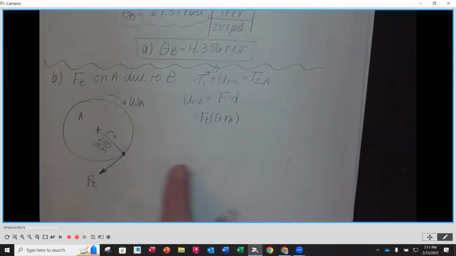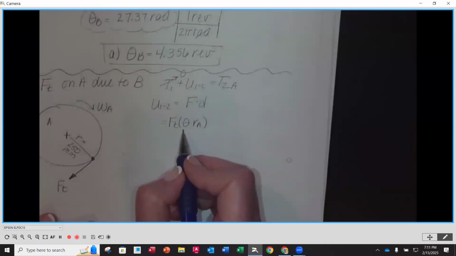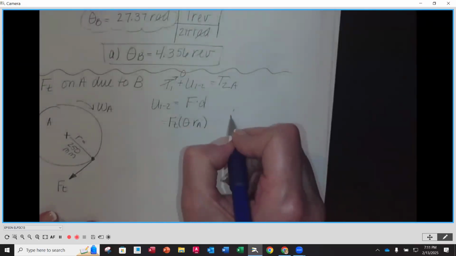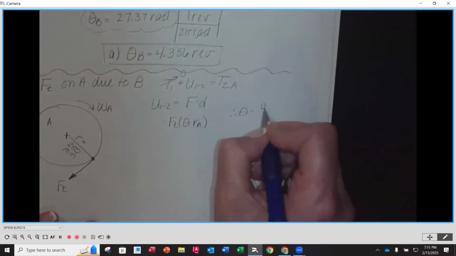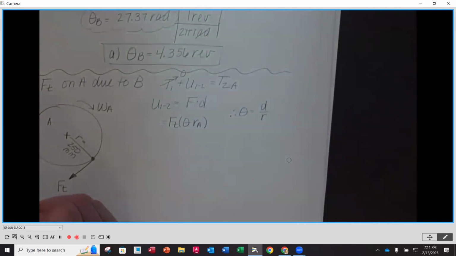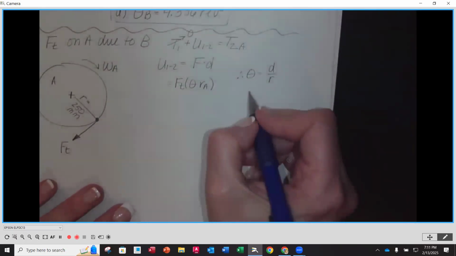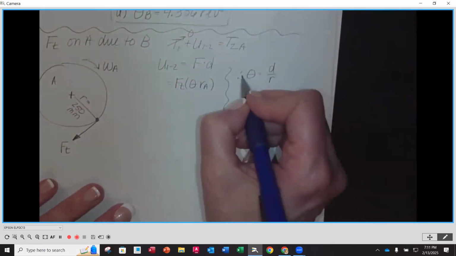So we are going to say that's equal to force tangential times theta times RA. And we know RA is down here. But our theta is equal to distance over radius. Now, it's a little subset here.